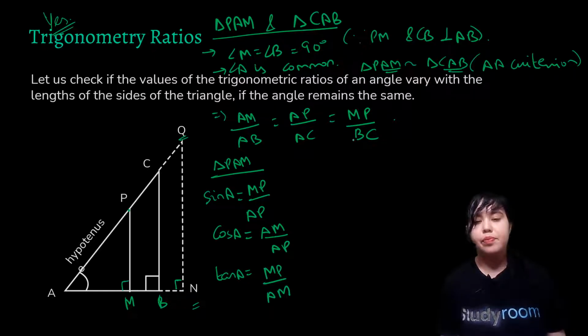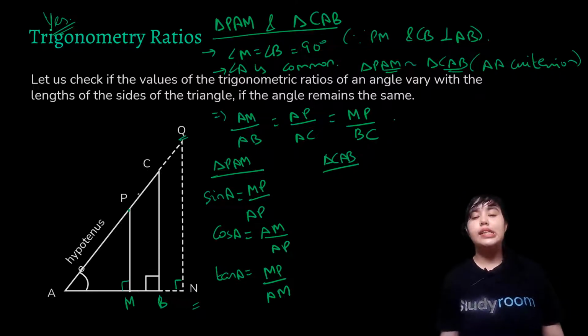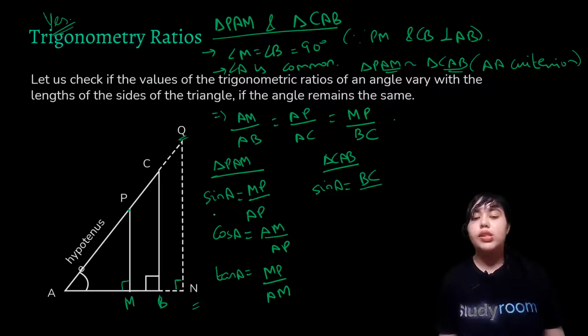Now I want you to shift your focus to triangle CAB. Now you have this whole triangle. So what will be sine A now? It will actually change, right? Change in the sense the sides would be different now. So sine A, what is opposite to this angle A? That is the side BC upon what is the hypotenuse now?